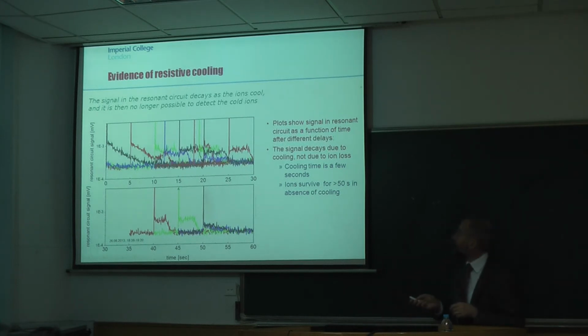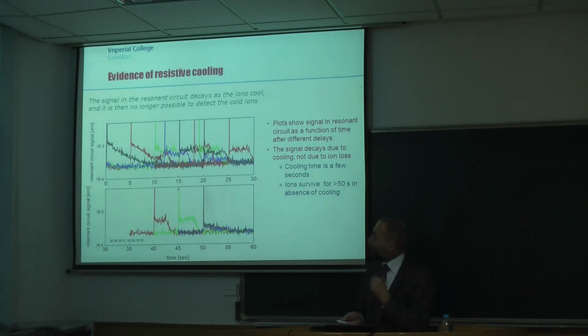And here, this slide, I'm afraid it's very busy. But what it shows is that when you make the oscillation frequency of the ion coincide with the oscillation frequency of an external circuit, that's basically a resistor connected between the two end caps.